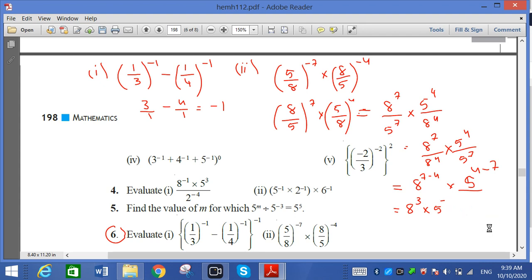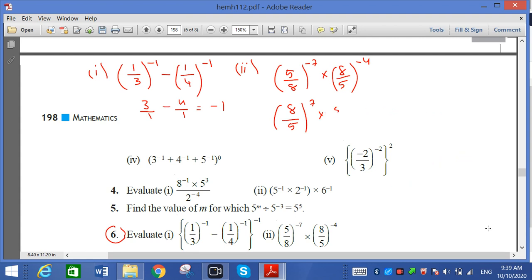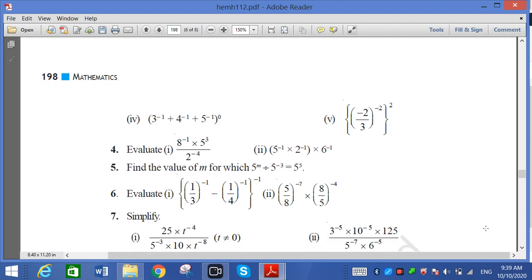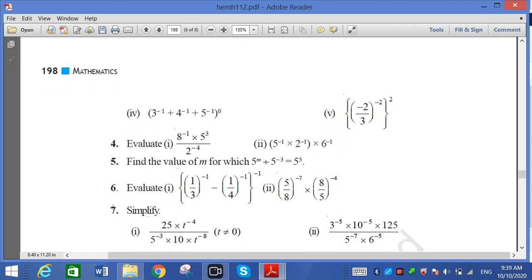So this chapter is already included in your first term exam. Now we go for question number 7, that is from the first term.